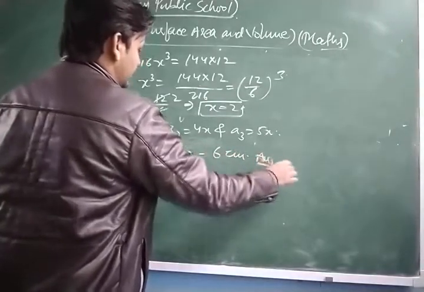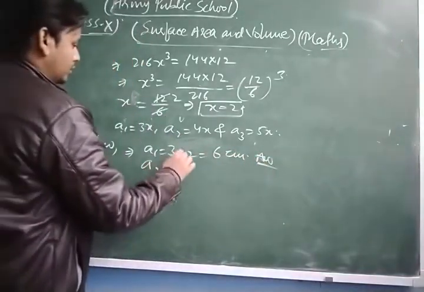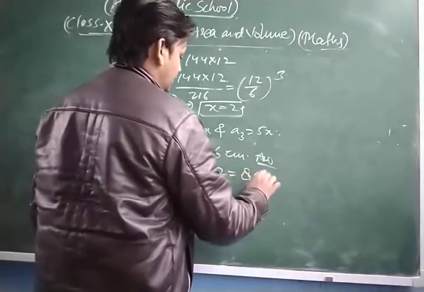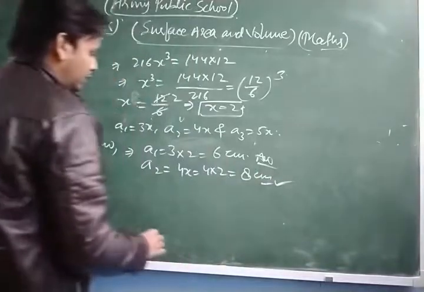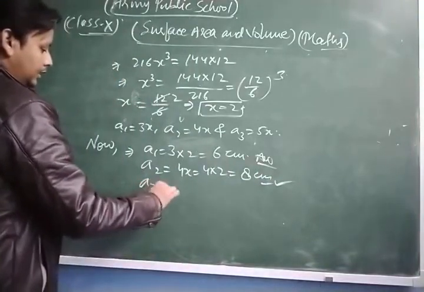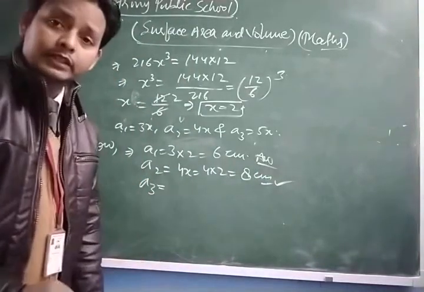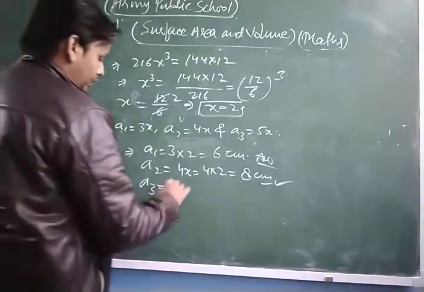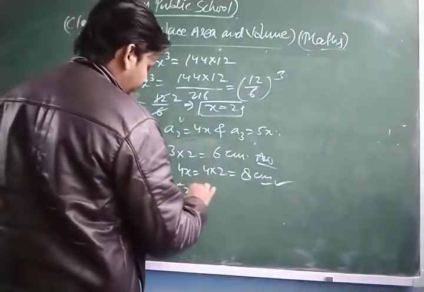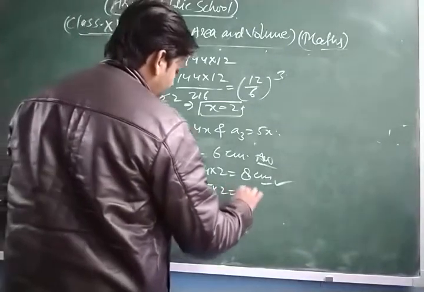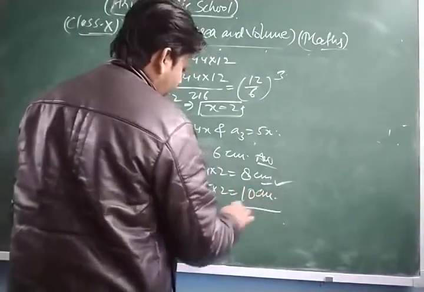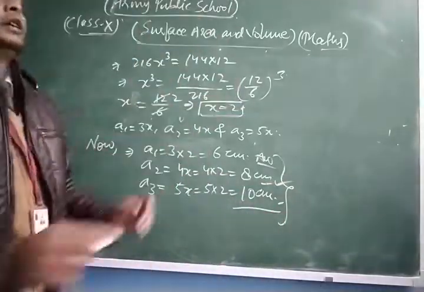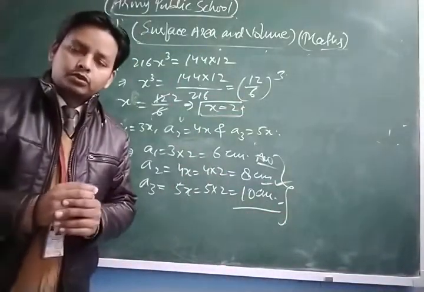This is the first answer. a2 is 4x. This is the second one. And the edge of the third cube is 5x. So these are the required solution of the given question.